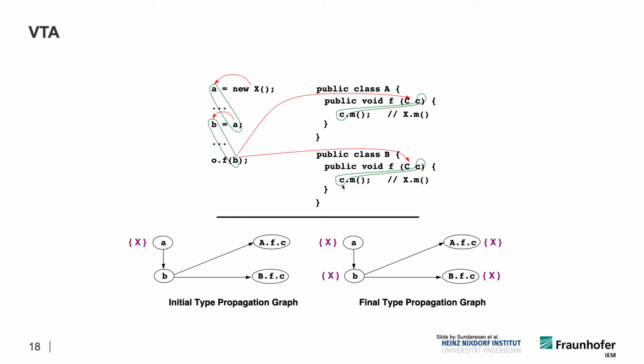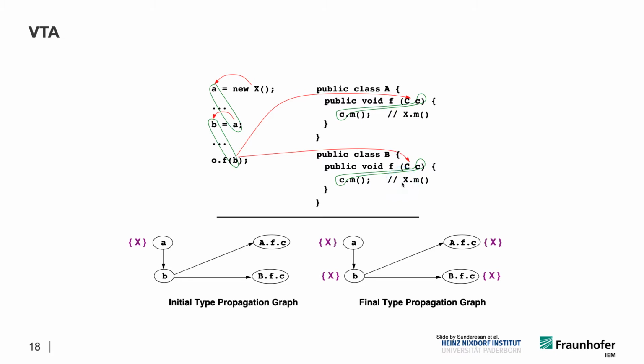And the idea is that we want to be able to resolve these kinds of assignments so that we know that this call to M at this point can go to X.M and this one here as well.